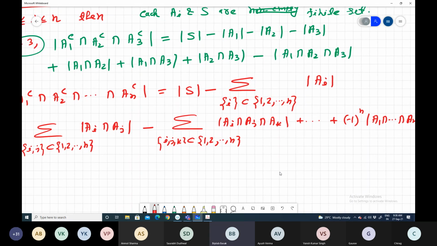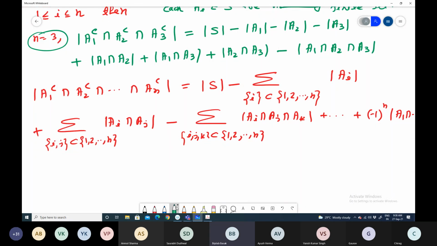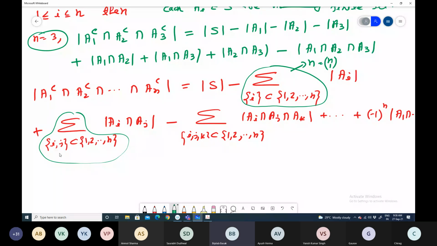So this is the formula, and you can count how many terms are in each sum. In the first sum there are only n, or n choose 1. How many terms are there in the next sum? You have n and you are choosing 2-element sets, so it is n choose 2.